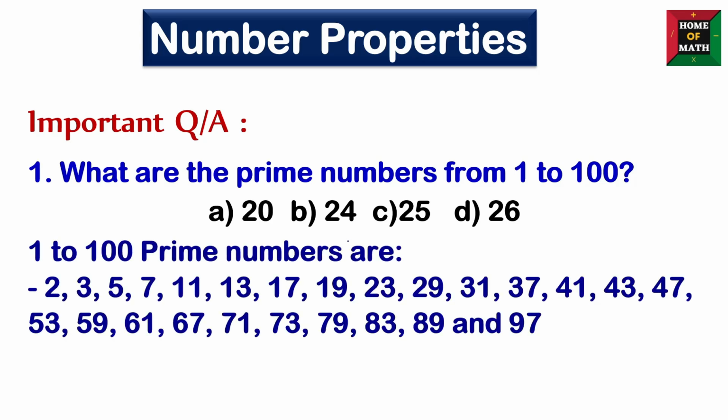First we have to find all the prime numbers from 1 to 100: 2, 3, 5, 7, 11, 13, 17, 19, 23, 29, 31, 37, 41, 43, 47, 53, 59, 61, 67, 71, 73, 79, 83, 89 and 97. Here the total is 25. So 25 is our right answer.